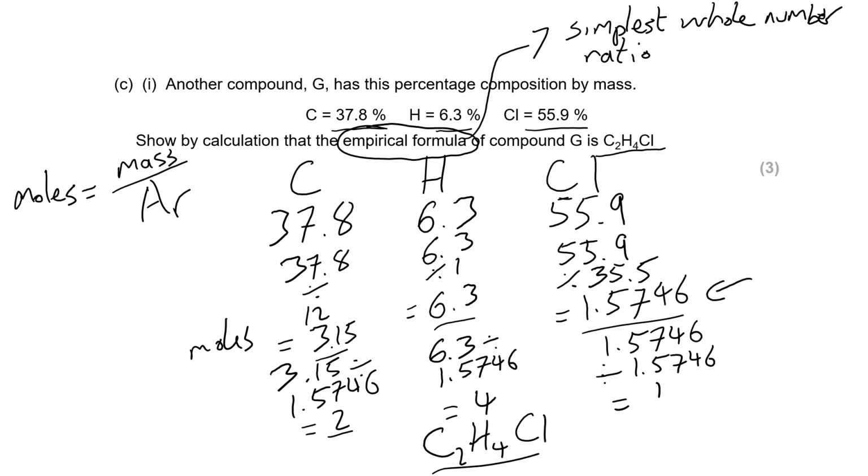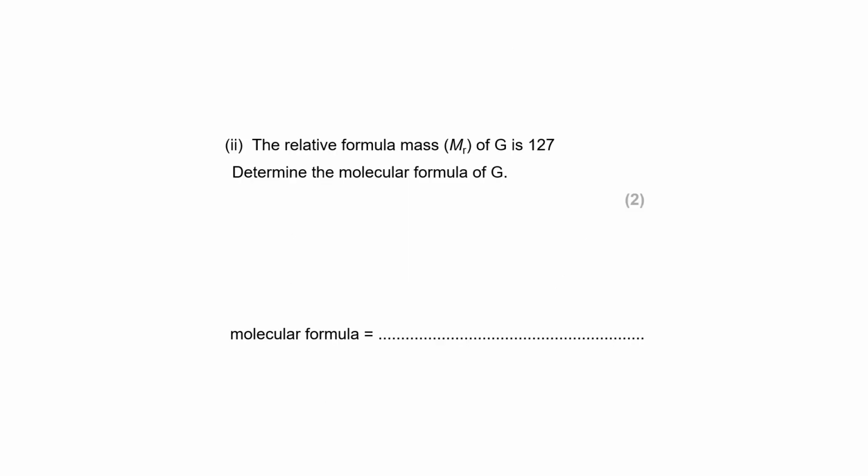Right, once we've worked out the empirical formula, we're going to have a look at the next part of the question, which is on the second slide. It's following on from the previous question, and I've just written down what the empirical formula was. It's C2H4Cl. So that is the simplest whole number ratio of the different atoms in a compound.